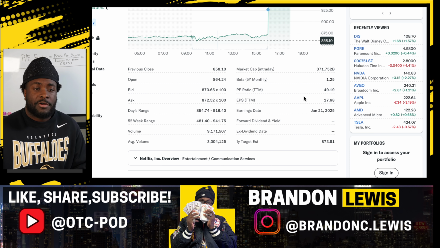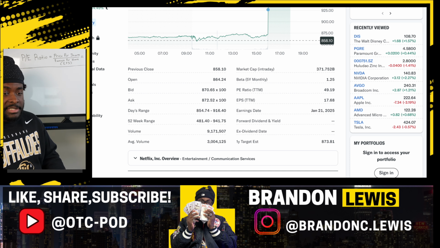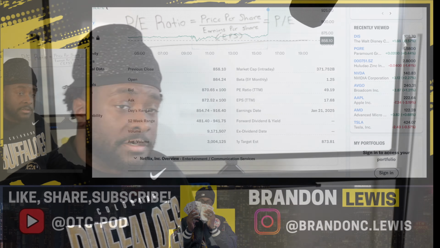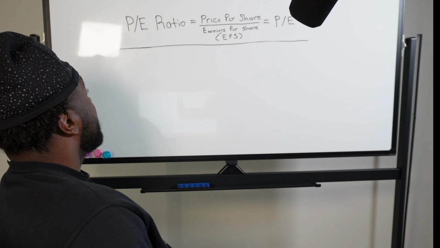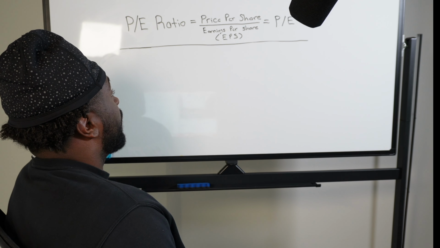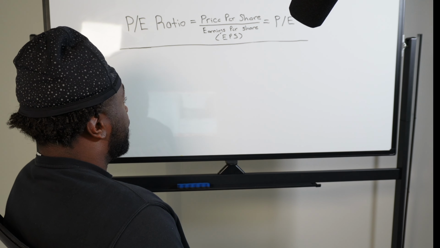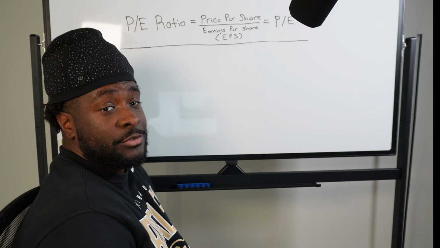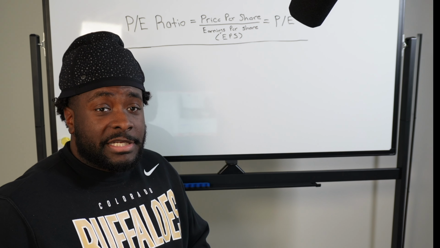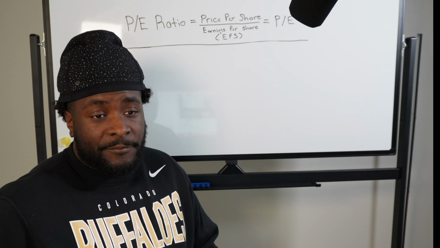How do you find PE ratio? What's the formula? This is the formula. For PE ratio, you take the price per share and divide it by earnings per share, or EPS, and that gives you the price to earnings ratio. So let's go back here.